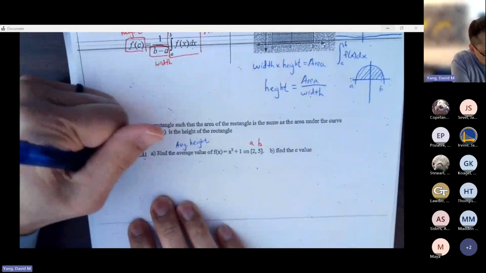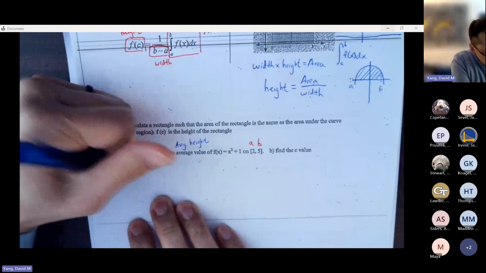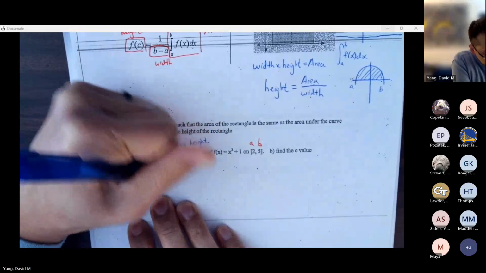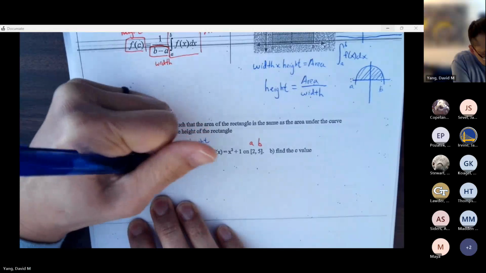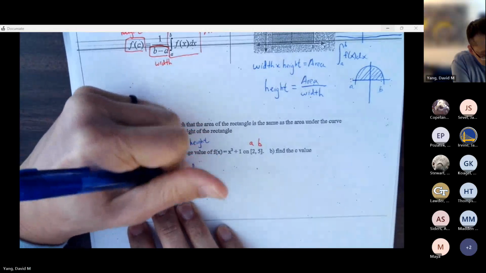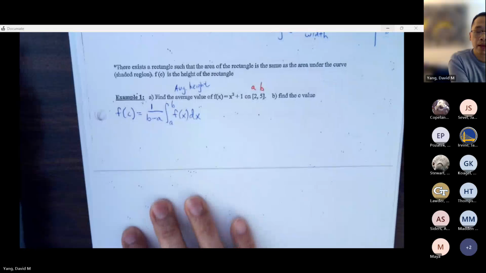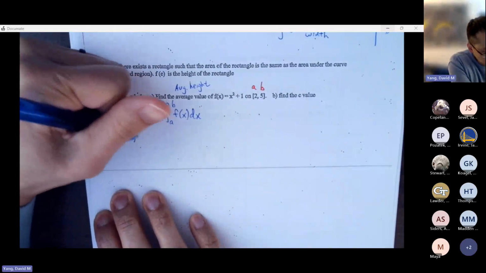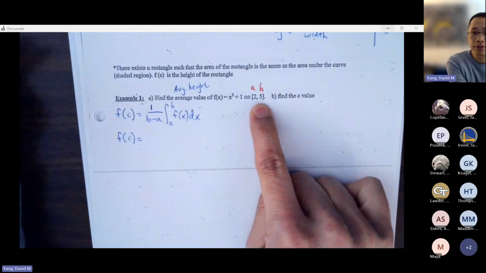So let me write the full formula again, and then we can just plug in information as we see it. So I'm trying to find my average height or average value. So f of c equals, my a and b values are 2 and 5.